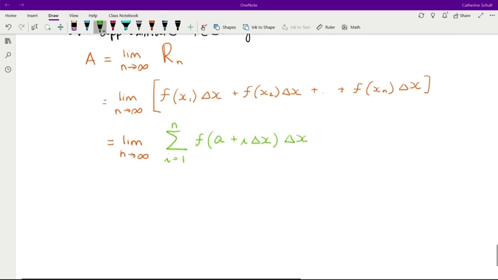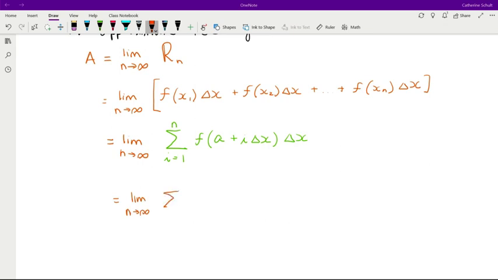And we even know what delta x is. Delta x is b minus a divided by n.